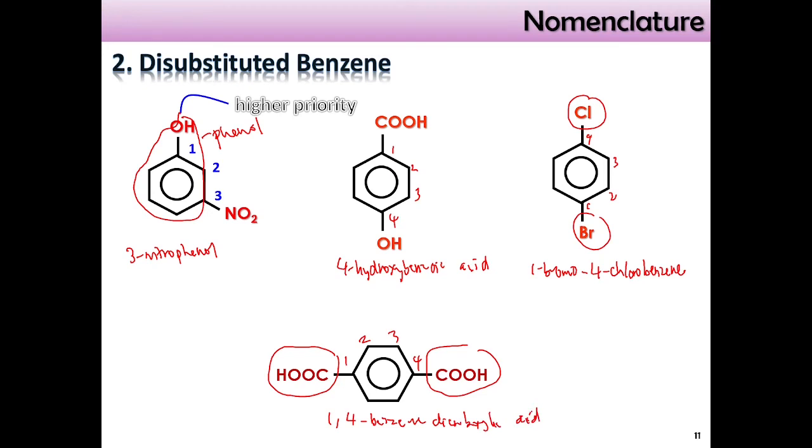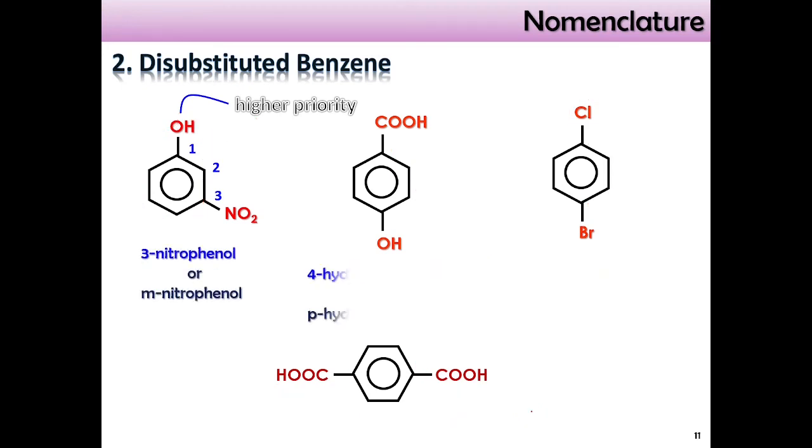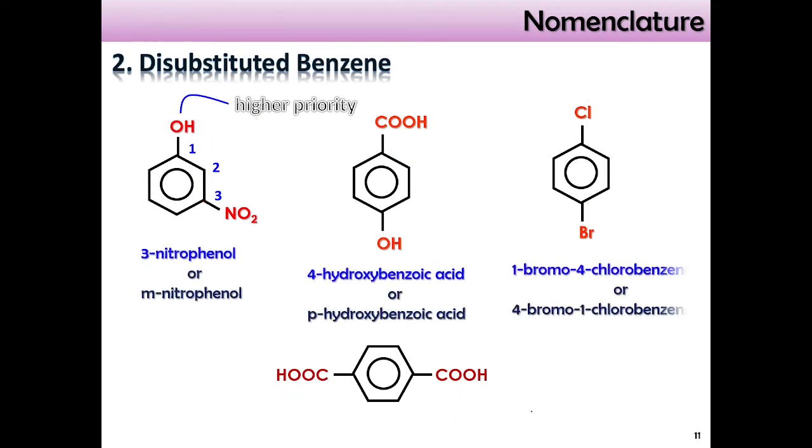Okay, I think better if you do the proper name. 1-bromo, 4-chlorobenzene, or 4-bromo, 1-chloro. I think better you choose this one. Alphabetically, it must be more correct. And number 1 is at the front. And this one, benzene dicarboxylic acid.